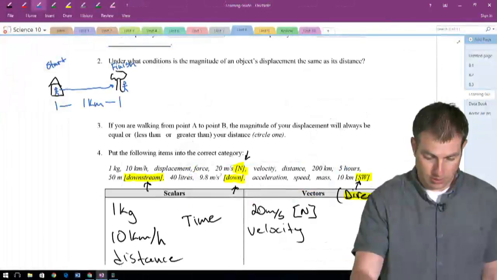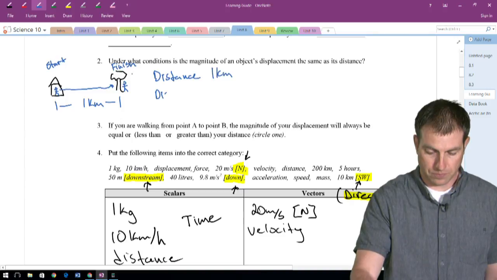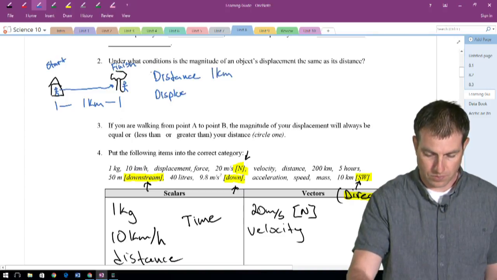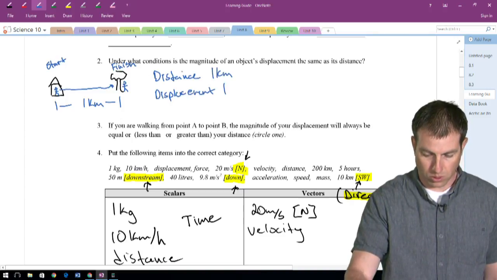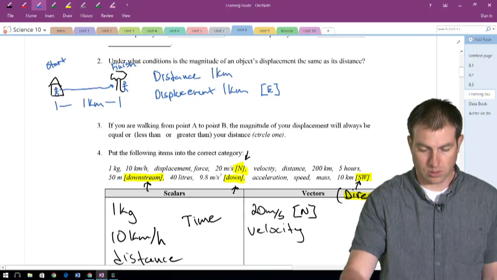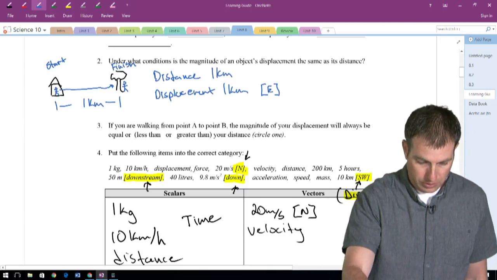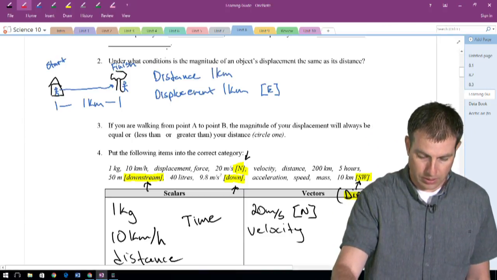My distance is 1 kilometer, and my displacement is 1 kilometer, and we'll go with east. So the magnitude of my displacement is the same as my distance.